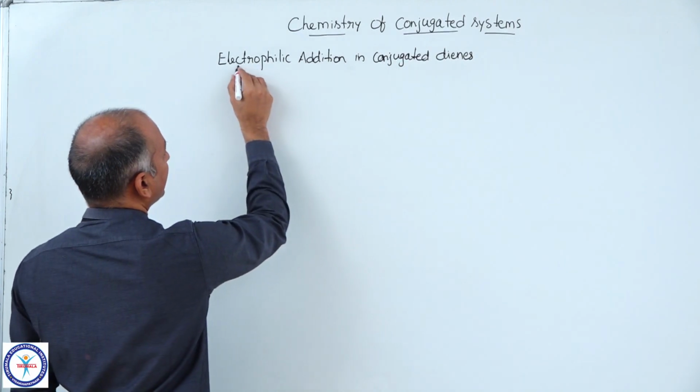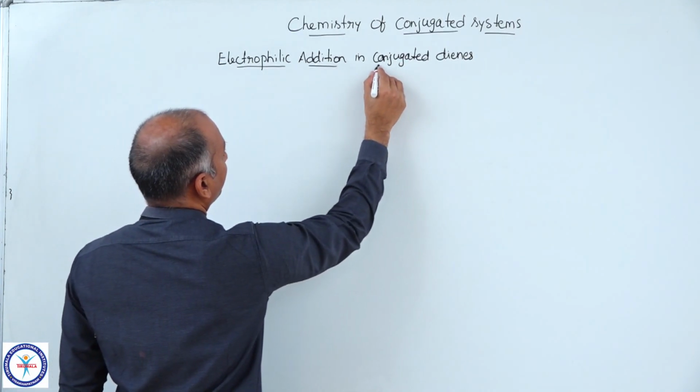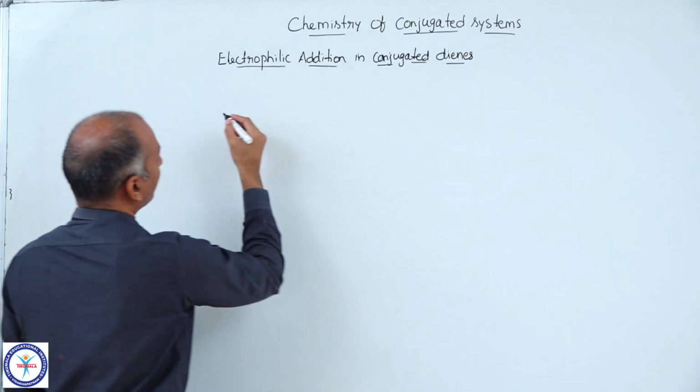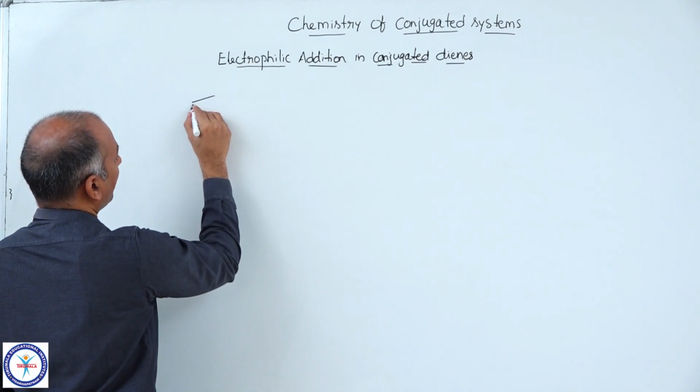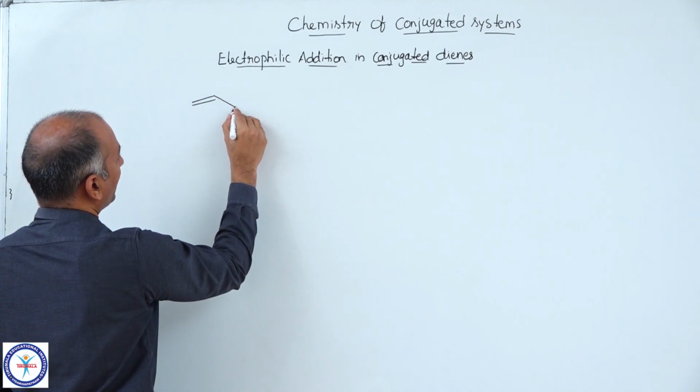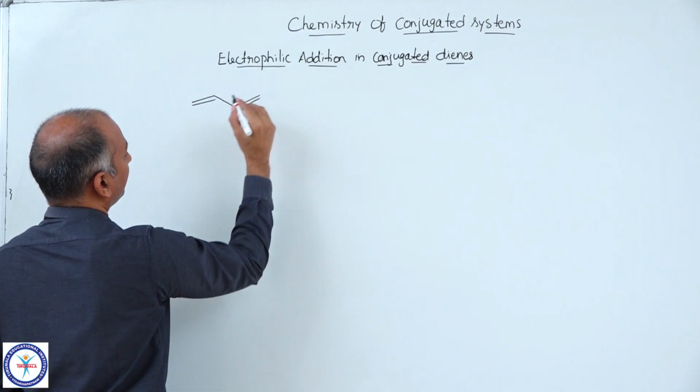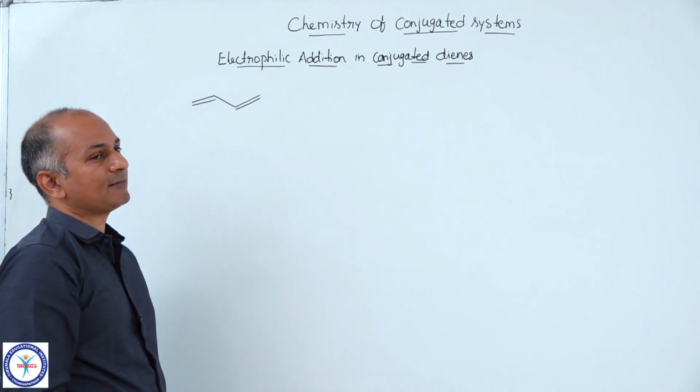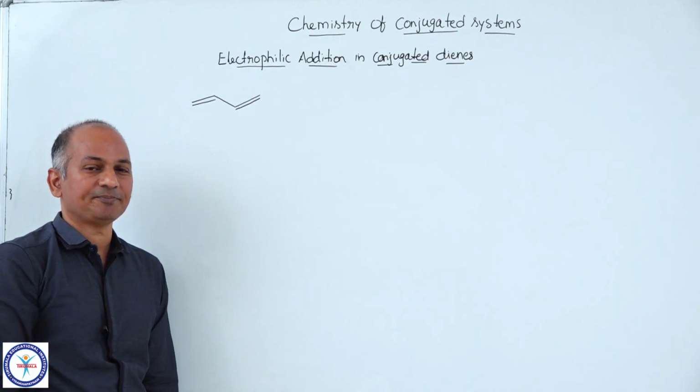So a particular conjugated system. And for example, if you take 1,3-butadiene, the simplest conjugated diene possible.